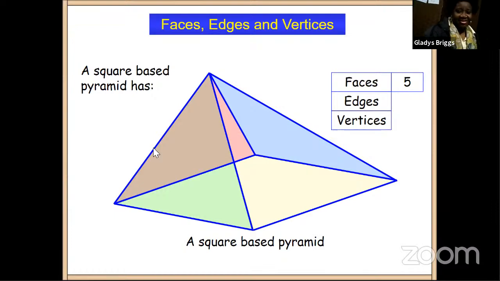I think that's 8. Yeah, well done. And how many vertices? 1, 2, 3, 4, 5. 5.